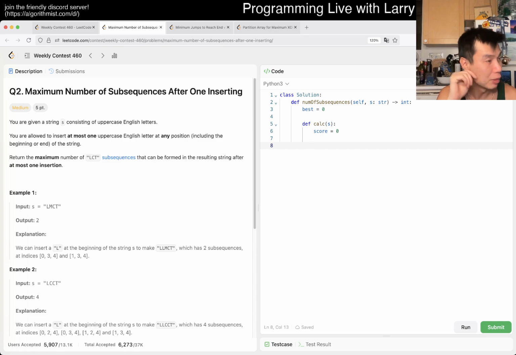I think this is a dumb problem. Maybe that's why. Because I'm trying to solve two things at the same time, and it shouldn't.